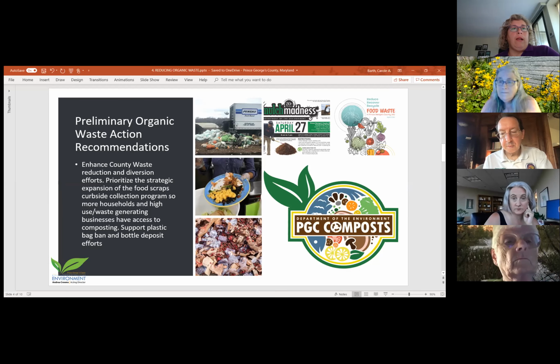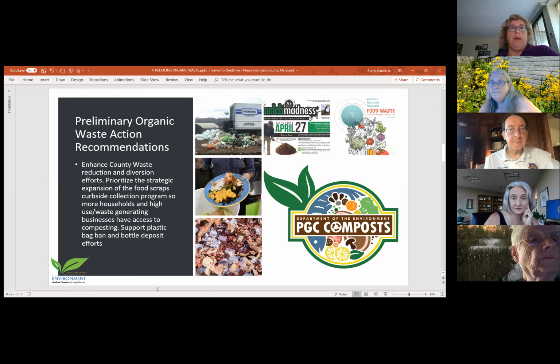That action recommends enhancing reduction and diversion efforts, prioritizing the strategic expansion of the food scraps program so that more households can participate, and high use and waste generating businesses have access to composting as well. And then it also includes support for a plastic bag ban, as well as supporting the bottle deposit efforts that have been talked about for so long now. Next slide.